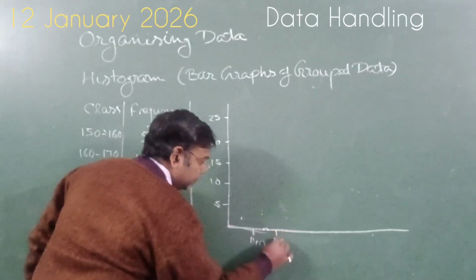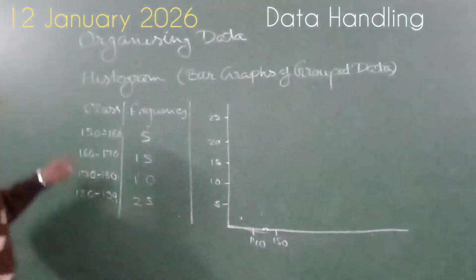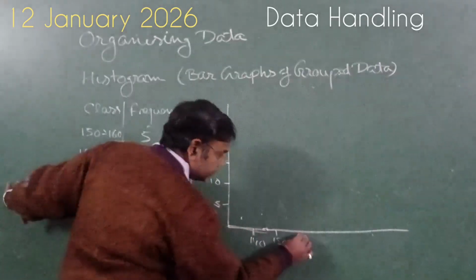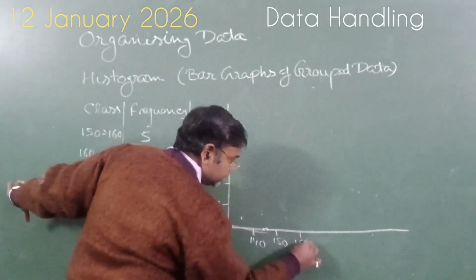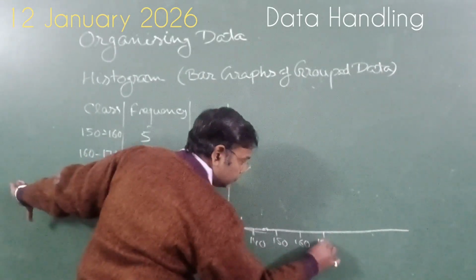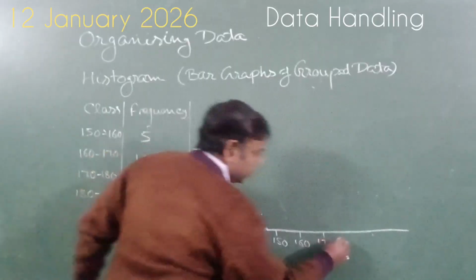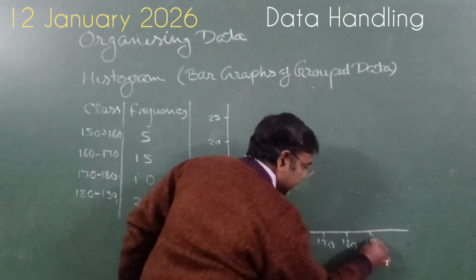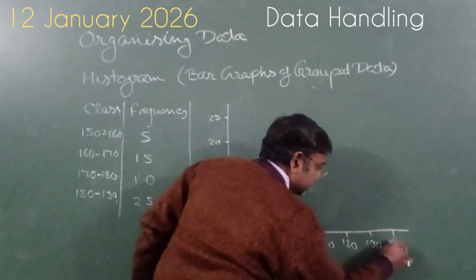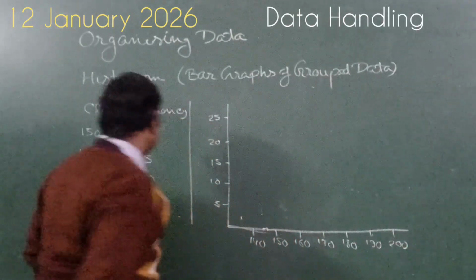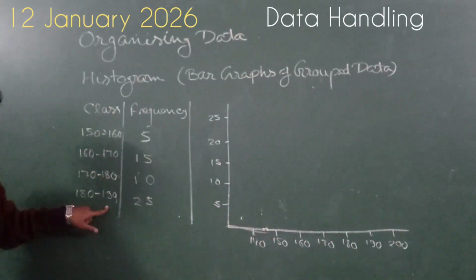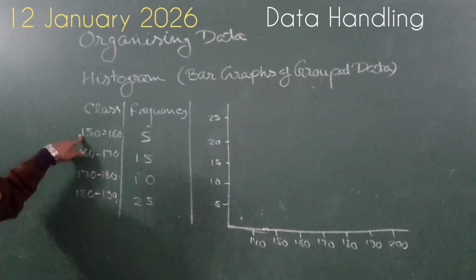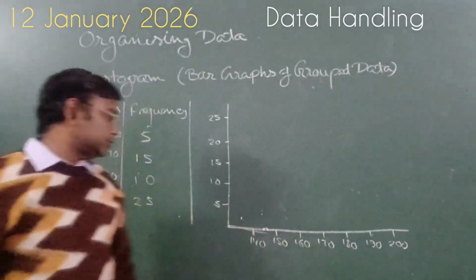Then we take 150, 160, 170, 180, 190, and take one extra, that is 200. We take one step more from the upper limit and one step less from the lower limit. So it is 140 and 200.